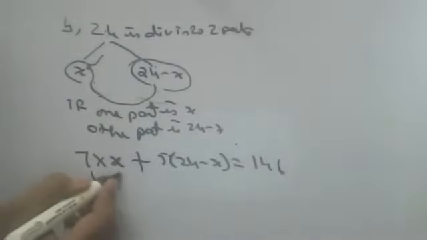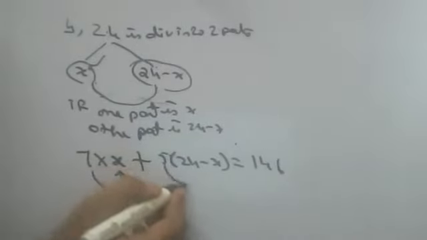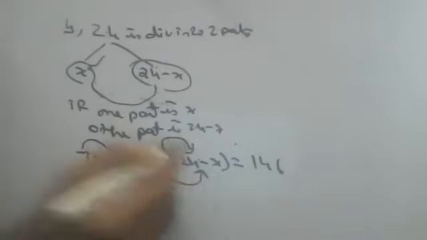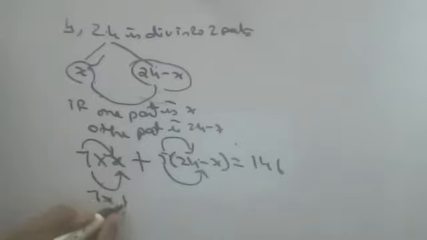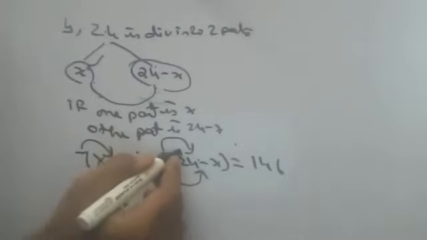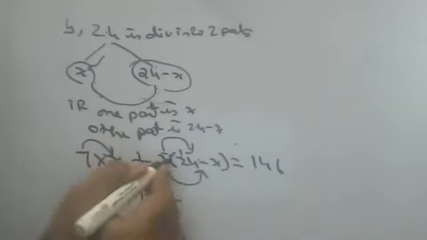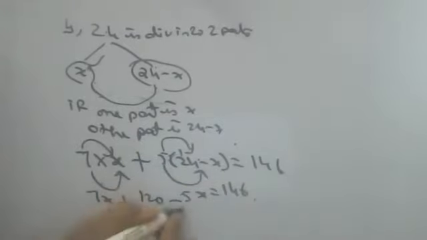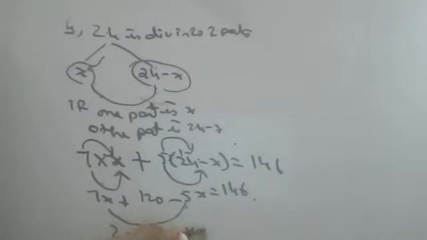Again, I'm saying 7 times first part, 5 times second part. When they are added, 7x plus 5 into 24, how much, children? 5 times 24 is 120. 5 into x, 5x, is equal to 146. So, children, 7x minus 5x is how much, children? 2x plus 120 is equal to 146.